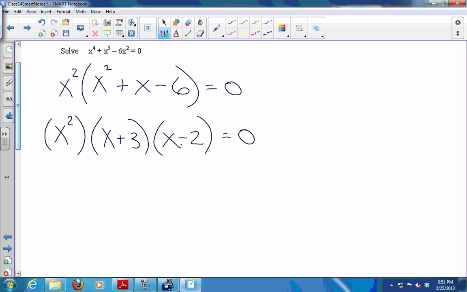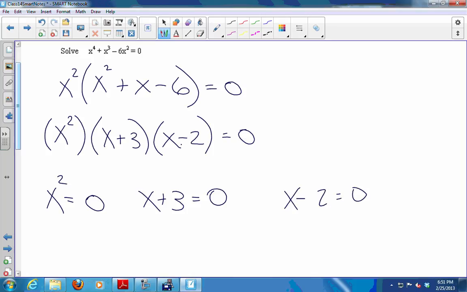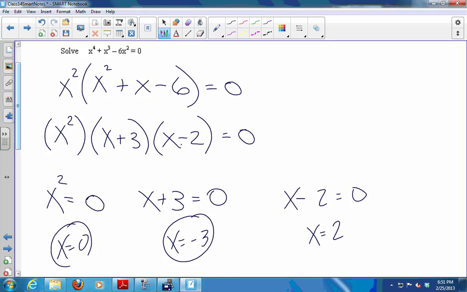And then I have 3 things multiplied together, and the answer is 0. When you multiply any number of things together, if the answer is 0, that means that at least one of your factors had to have been 0. So we solve each one, we get x is 0, or x is -3, or x is 2.